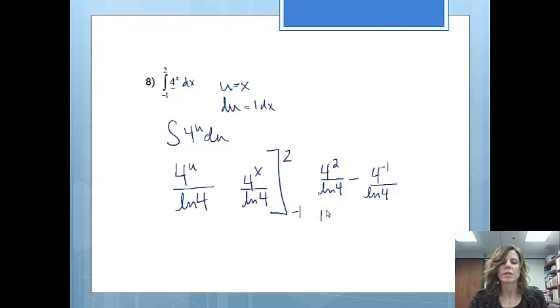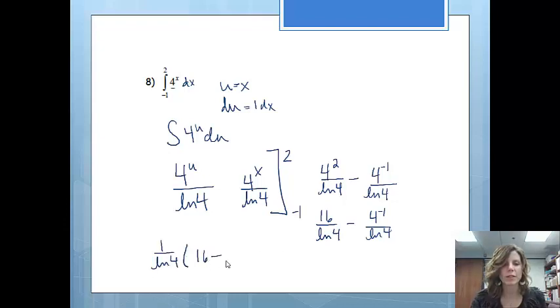So let's see, from here I'll get 16 over natural log 4 minus 4 to the negative 1 over natural log 4. To simplify this just a little bit, again, I'm going to factor out 1 over ln 4. And when I do that, I'm going to get 16 minus 4 to the negative 1, which is actually equal to 1/4.